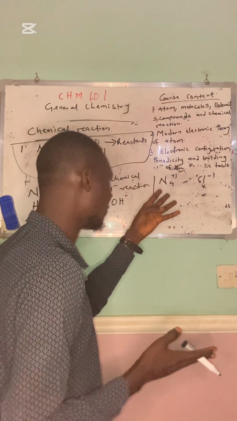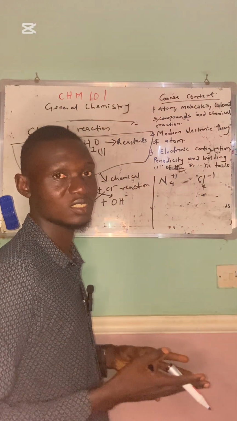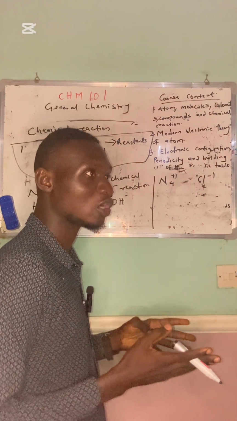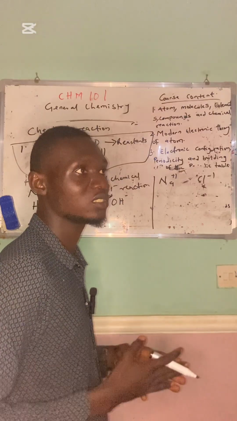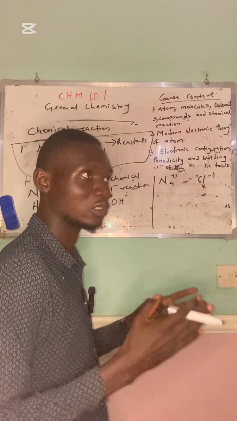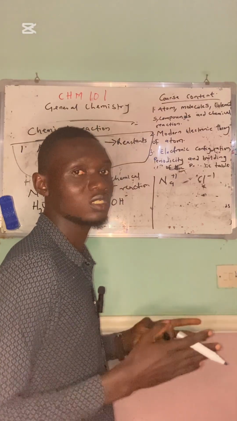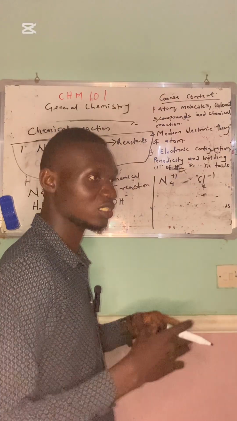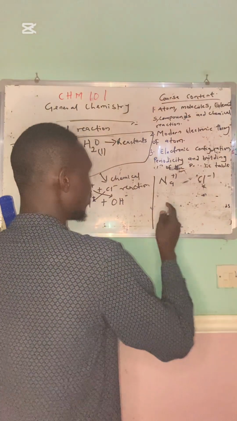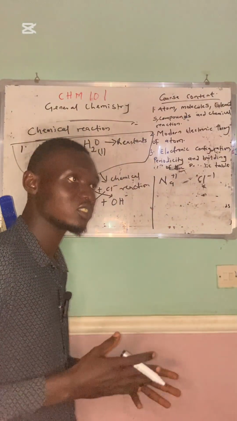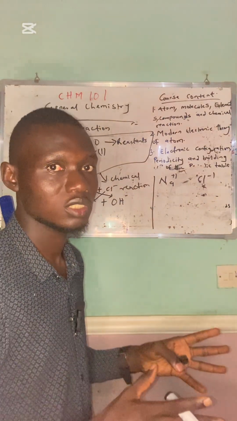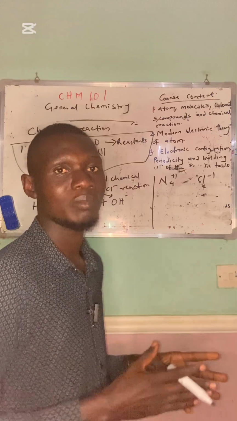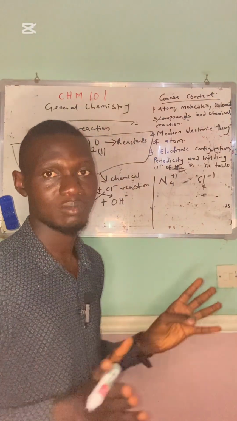You can either use the valence or the oxidation state for combination. We'll talk about that when we come to the law of combination, when we concentrate on how to write chemical formulas, chemical equations, and all of that. So you can use either the oxidation state or the valence electrons to combine atoms together chemically.